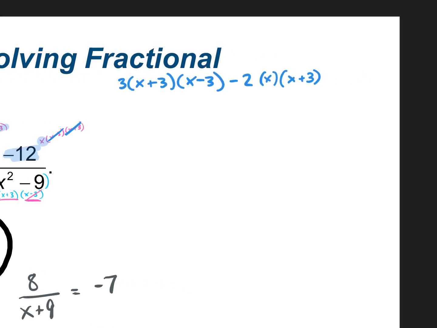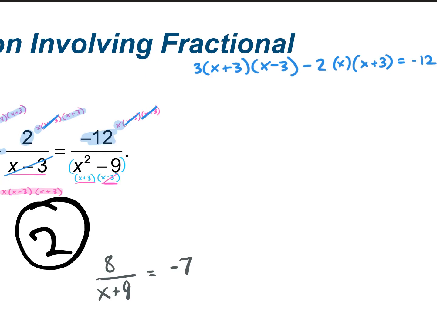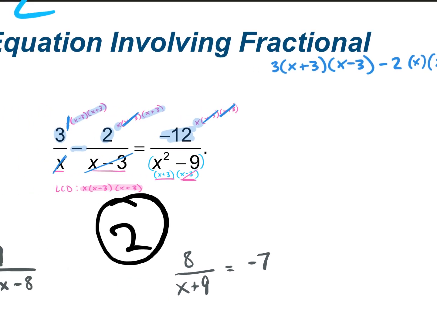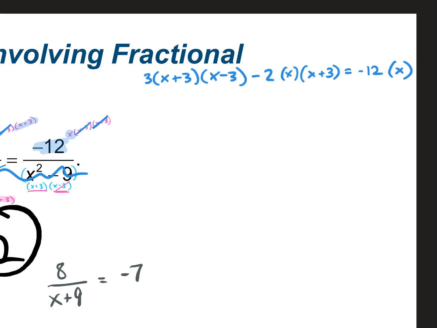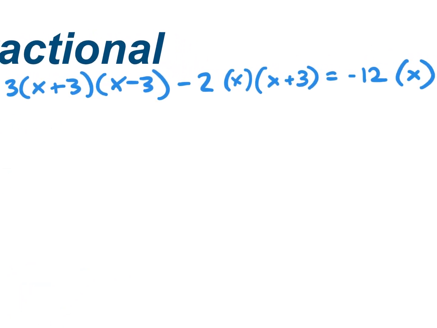And then that's equal to negative 12 times x. Yeah, so we're multiplying everything by what's missing from the denominator, and that gets multiplied to the numerator. And now that our denominators are all the same, technically, they cancel. So we're only looking at the numerators now. So we're looking at this as our equation.